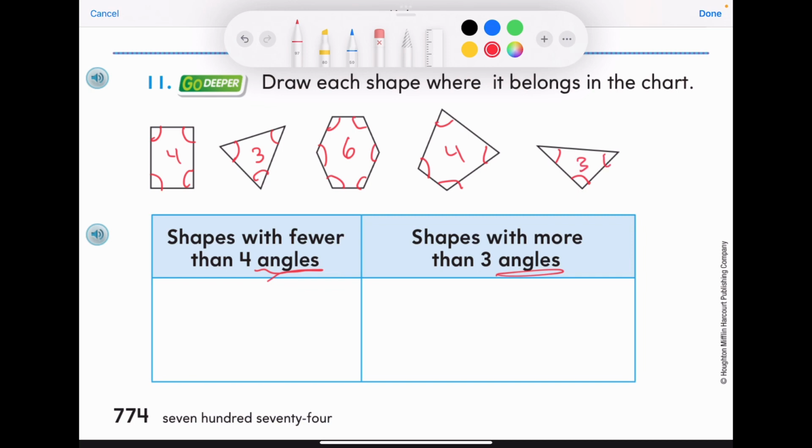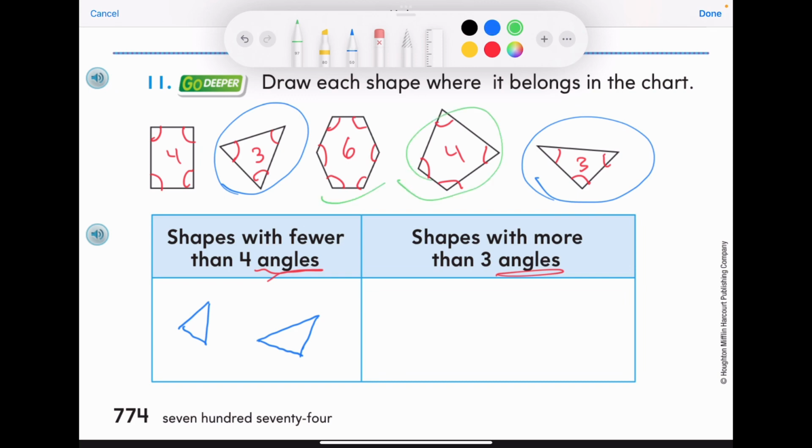So the first box on the left says shapes with fewer than 4 angles. So this guy have fewer than 4. And those are both triangles. One looks kind of like this. And one looks kind of like that. And then the other on the right side says shapes with more than 3 angles.